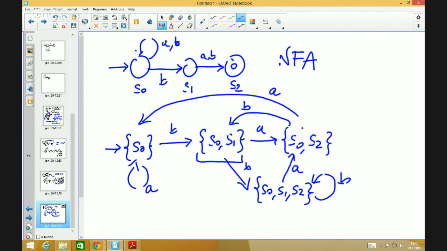Otherwise, you don't. The only accept state in the original NFA was S2, so all of the sets that have S2 in them are accept states. So this one and this one. Let me just use check marks now because otherwise it gets a little bit messy, where a check mark means accept.